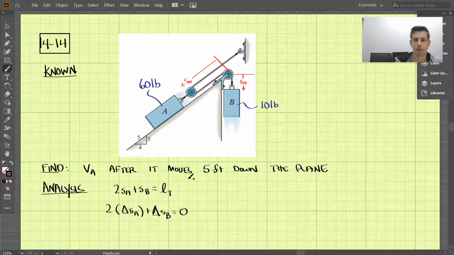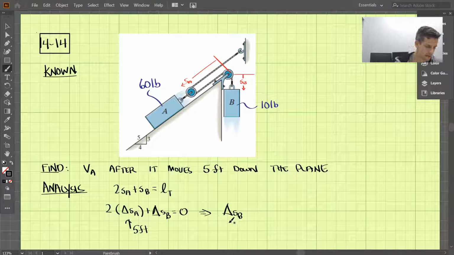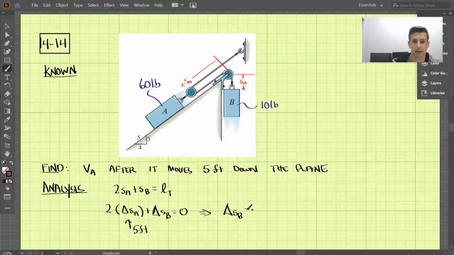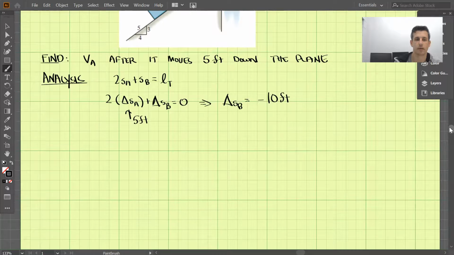So if SA moves 5 feet, we can then solve for delta SB. If A is moving down, delta SB is negative, negative 10 feet upwards. So B is moving upwards 10 feet if A moves 5 feet down that plane.